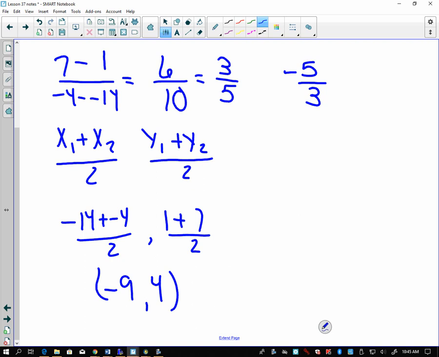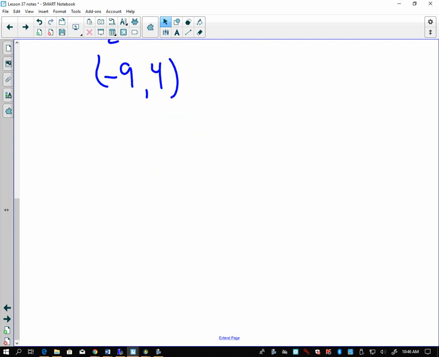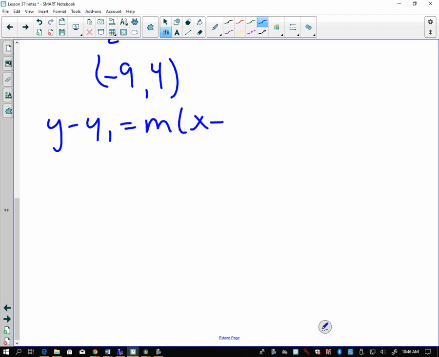Now, I'm not quite done yet. I needed this based upon this slope. We can have 2 options at this point: y minus y1 equals m times x minus x1, or y equals mx plus b and solve for b.